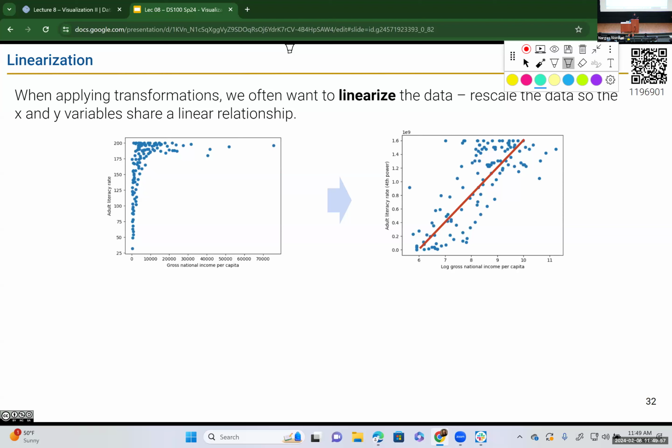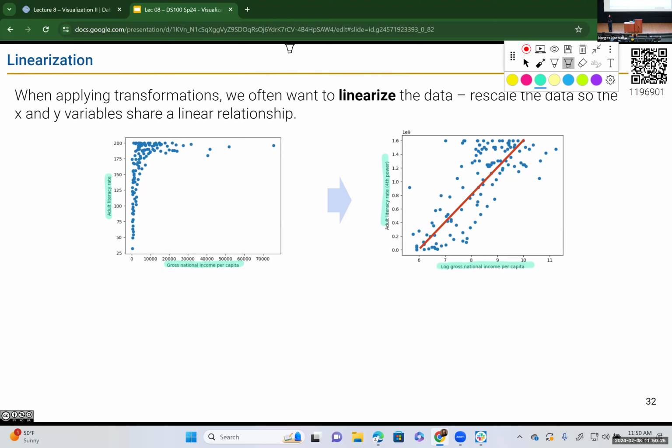If I have, for example, GNI versus adult literacy rate, I will walk you through a transformation phase, and I'll show you why I do the transformations the way that I do. I am showing you now here log of GNI versus adult literacy rate to the power of 4. And now looking at these transformed scales, you can see a clear linear relationship between them.